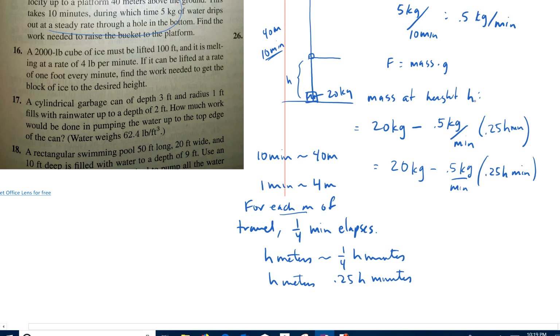So if the height is 1 meter, that's 0.25 minutes. If the height is 40 meters, then this is 0.25 times 40, or 10 minutes, which is what I want. I'm trying to find the relationship between at any given height, what's the time, and that's what this did right here.